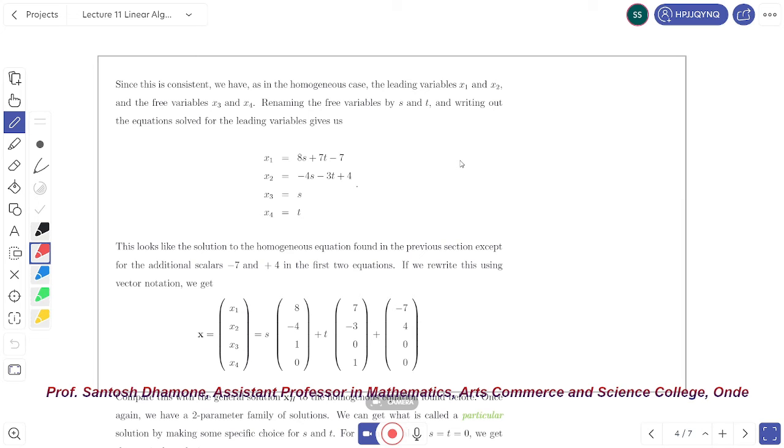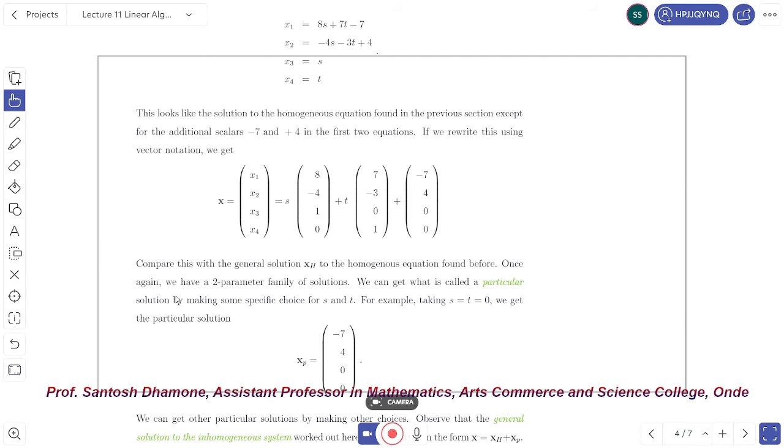Compare this with the general solution xh to the homogeneous equation found before. Once again we have a two parameter family of solutions. We can get what is called a particular solution by making some specific choice for s and t.